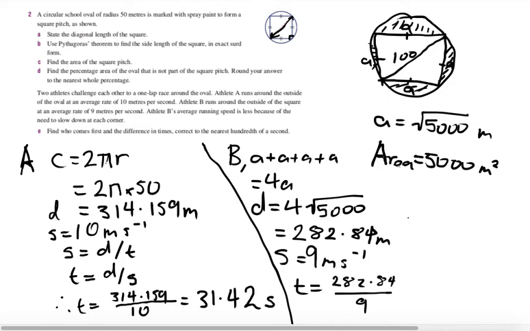I like to use that whole longer number in the calculator because it means it's more accurate. So that is going to be equal to 31.42698 seconds. We're doing it to the hundredth of a second, which is the second decimal point here. So it's going to be equal to 31.43 seconds. Let's check what the question was asking.